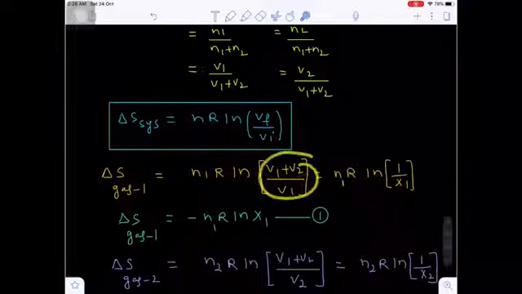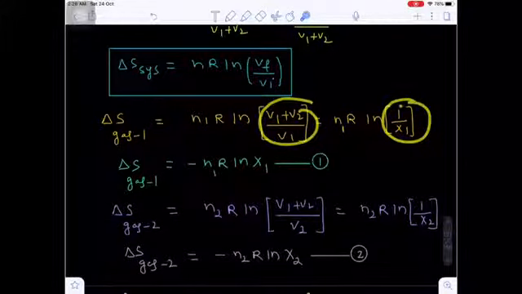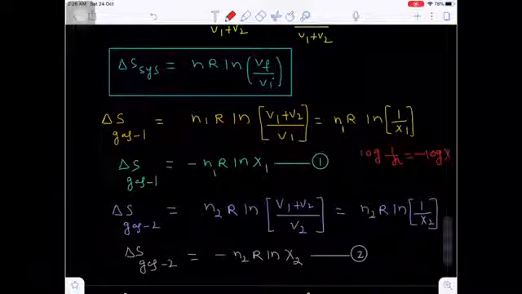Now this is nothing but 1 upon x1, and similarly log of 1 by x we can write as minus log x.